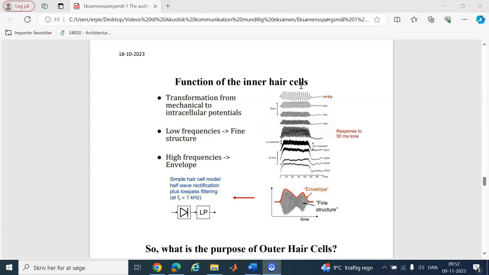The temporal fine structure, the individual frequencies, are too high, so the neurons are working with envelopes for high frequencies.